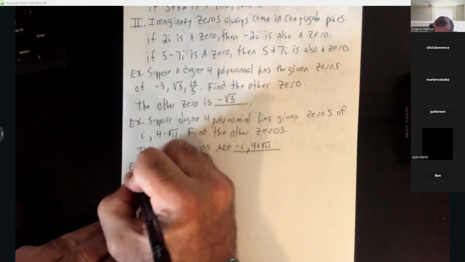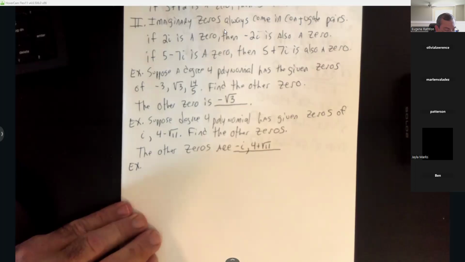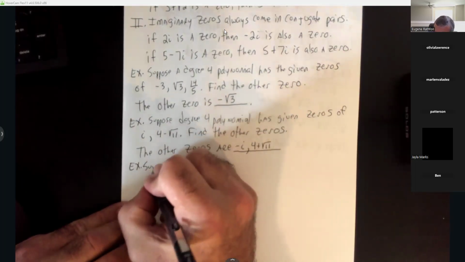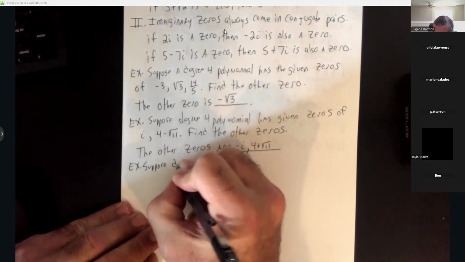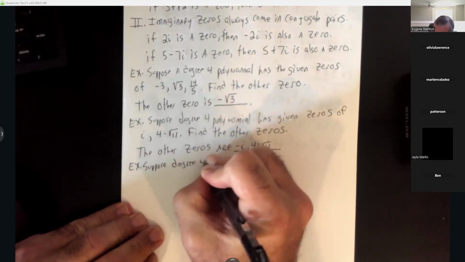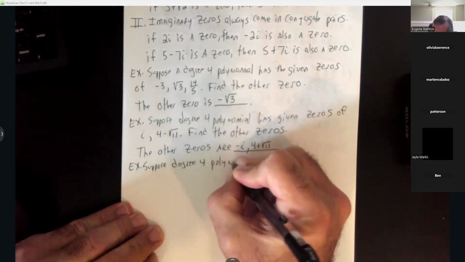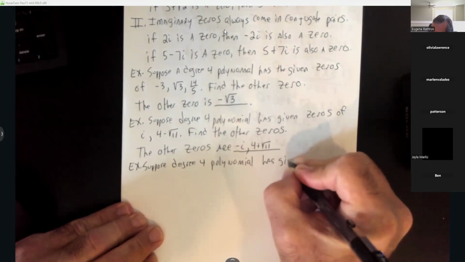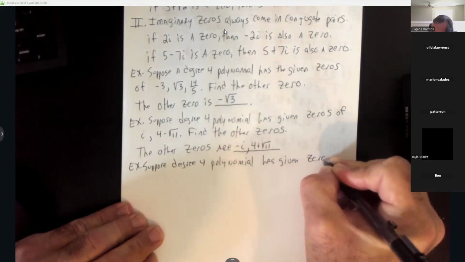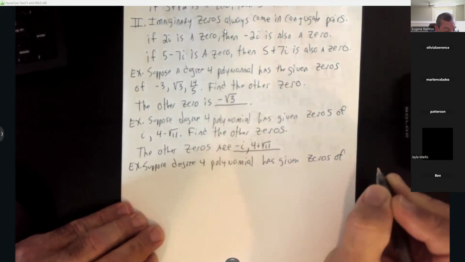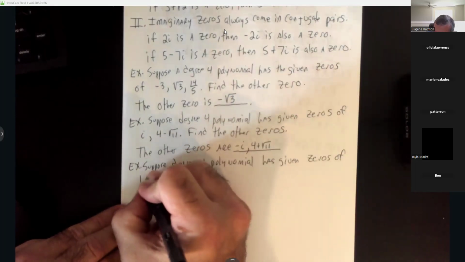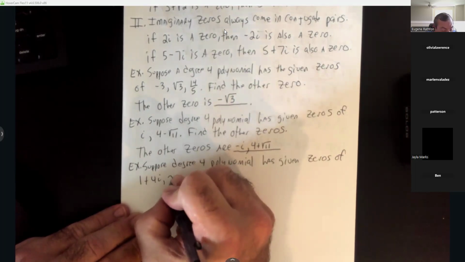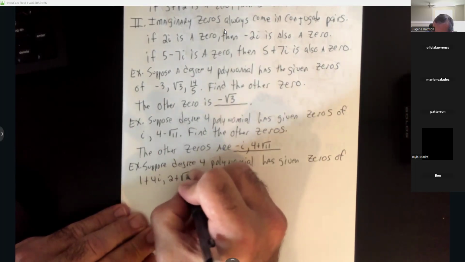All right, so one more of those. Same thing, suppose a degree 4 polynomial has given zeros of 1 plus 4i and 2 plus the square root of 3.